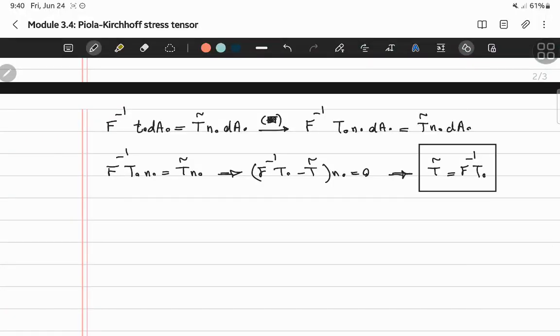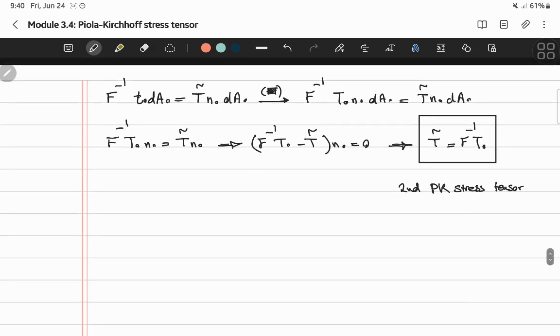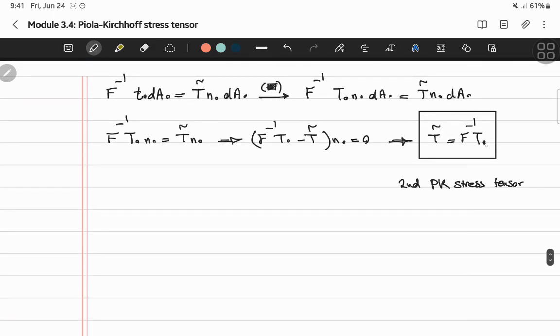This is basically the second Piola-Kirchhoff stress tensor. And you can see, this is the relation basically between the first Piola-Kirchhoff and the second Piola-Kirchhoff stress tensor.